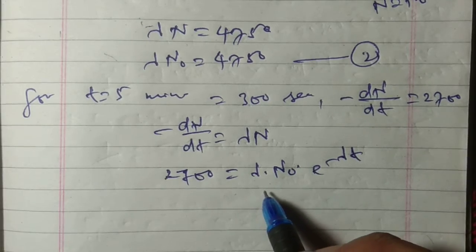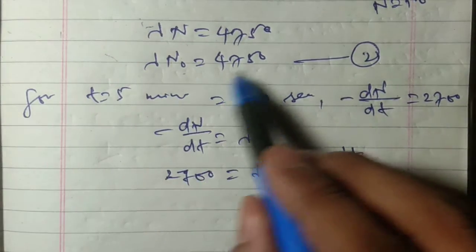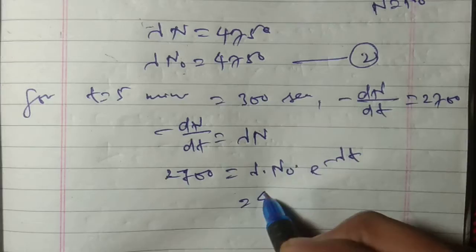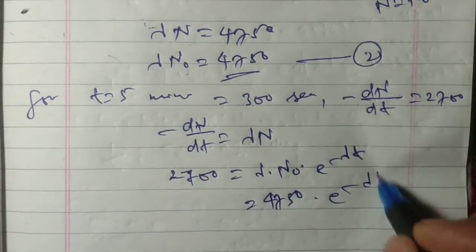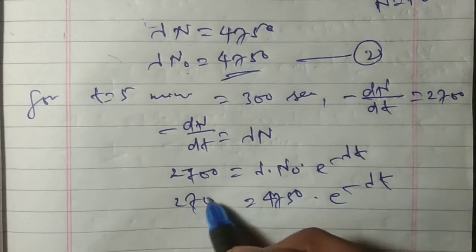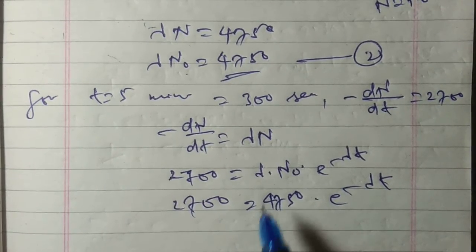So we have already from equation 2, lambda N naught is equal to 4750, this is into e to the power minus lambda t, and here is 2700.